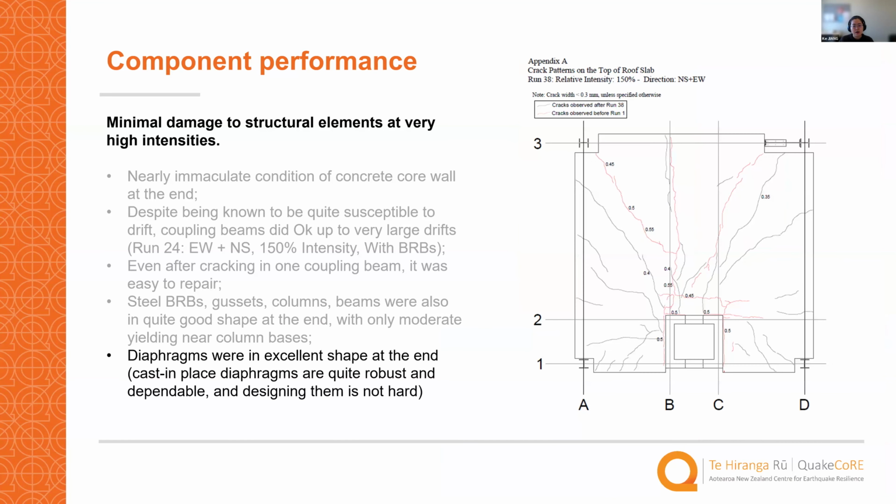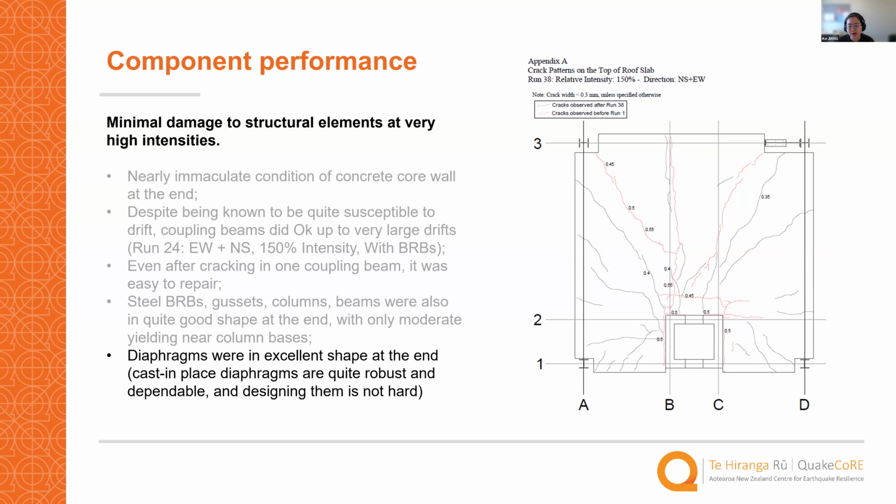And for the diaphragms, as you can see from this figure, the red lines are the cracks observed before testing, and the black ones are the cracks observed after testing. It is quite obvious that the diaphragms were all in very excellent shape at the end of the day.